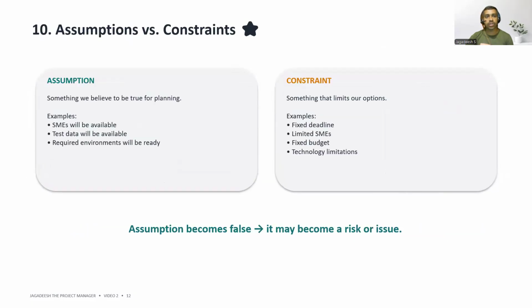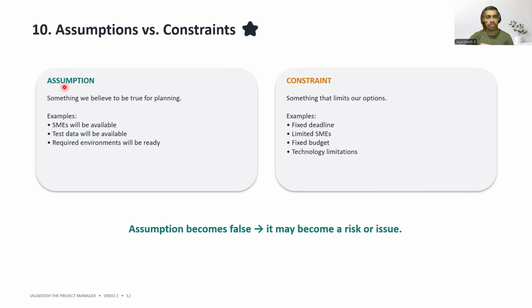Assumptions versus constraints. I treat assumptions as things we are planning to be true, but I don't take them for granted. If an assumption becomes uncertain, I consider whether it needs to be captured as a risk. Constraints are different. They already limit our choices, such as a fixed deadline, limited resources, or technology limitations.